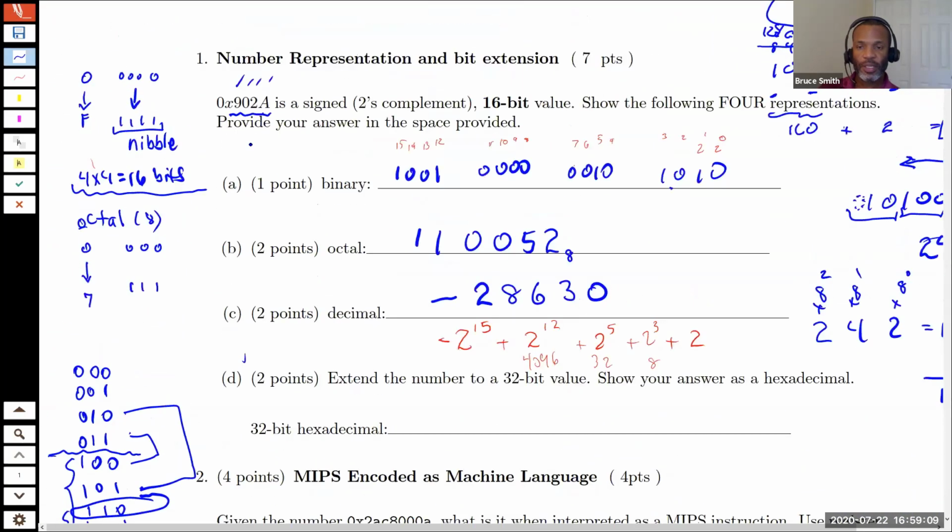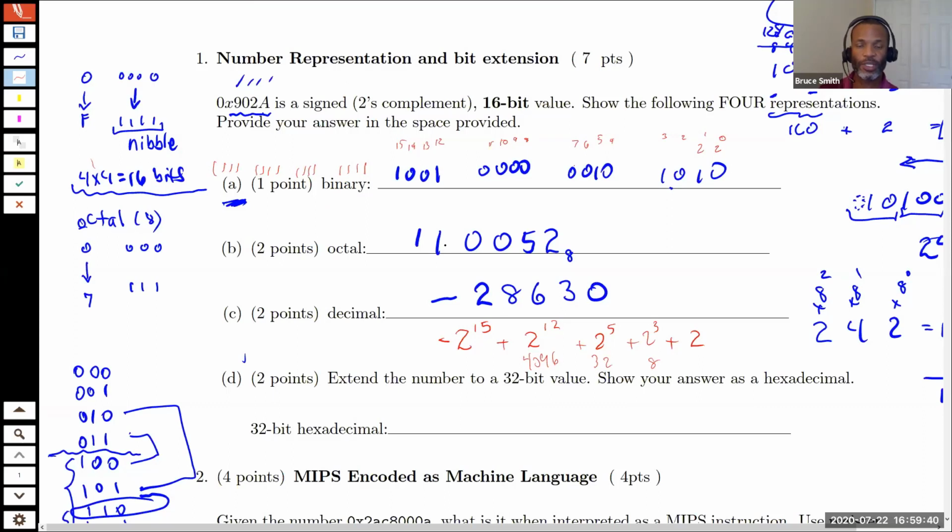That means that when I'm looking at 902A, if I want to take this value here and turn it from a 16 to a 32-bit value, my job is pretty easy. My job is to look at the most significant bit and then 1, 2, 3, 4, 1, 2, 3, 4, 1, 2, 3, 4, 1, 2, 3, 4.